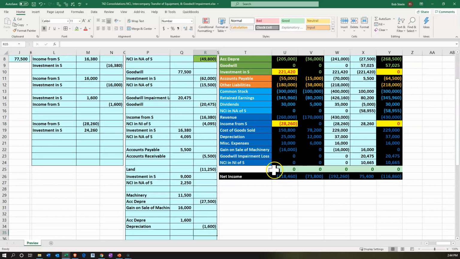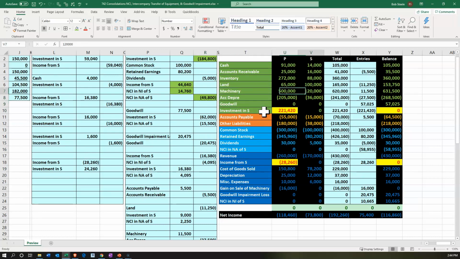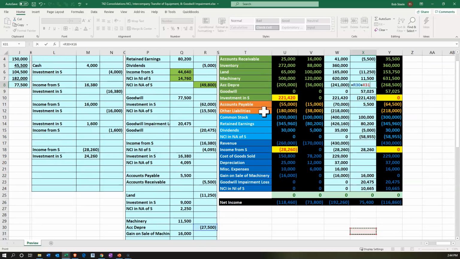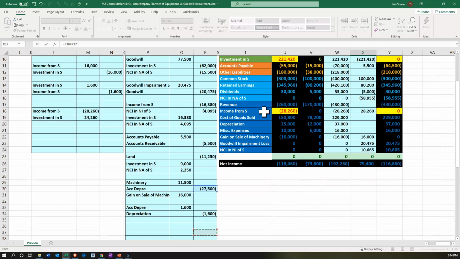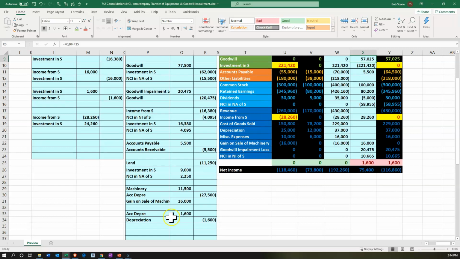And so there's that. Now we're going to go up to the accumulated depreciation, F2 plus F2. And then the depreciation expense is here, and we're going to say this equals the credit. And that puts us back in balance.